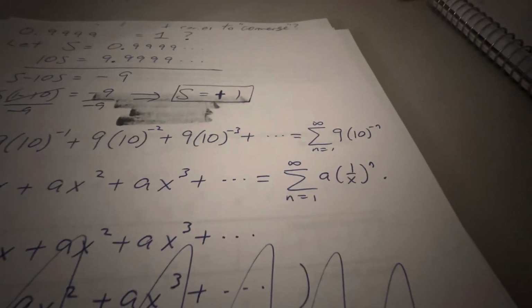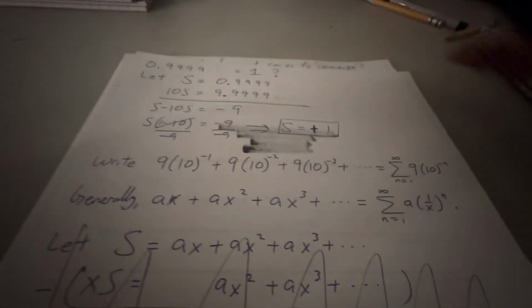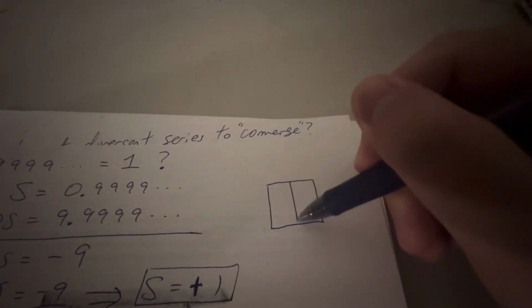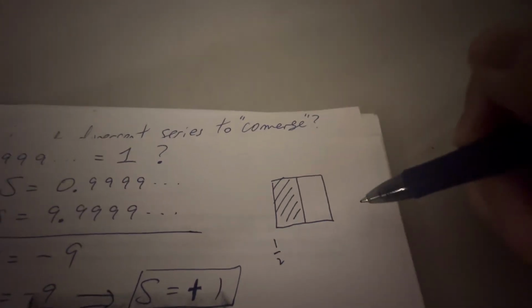And the reason it's called a geometric series is because this has its roots in geometry problems. Kind of going off script here, but if I have a square, and let's say that the square has area 1, if I shade in a half every time, I have 1/2 here.